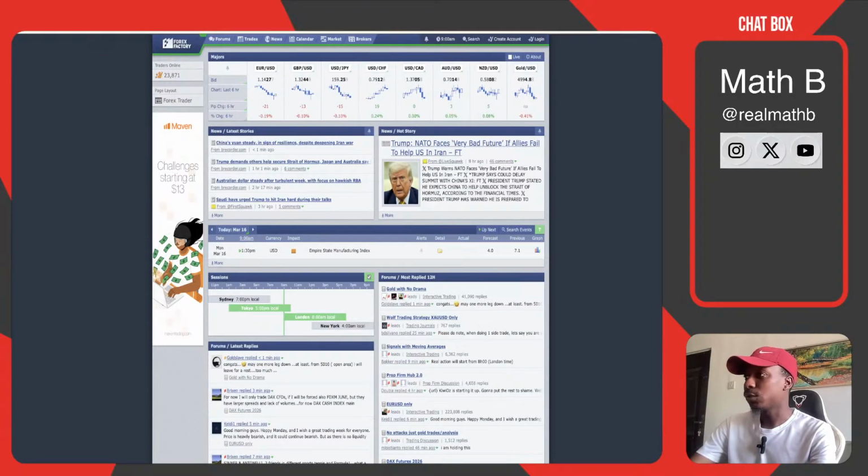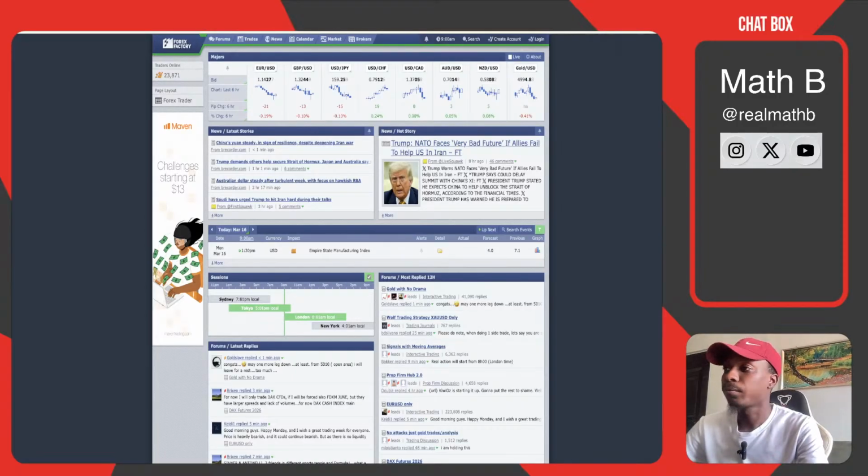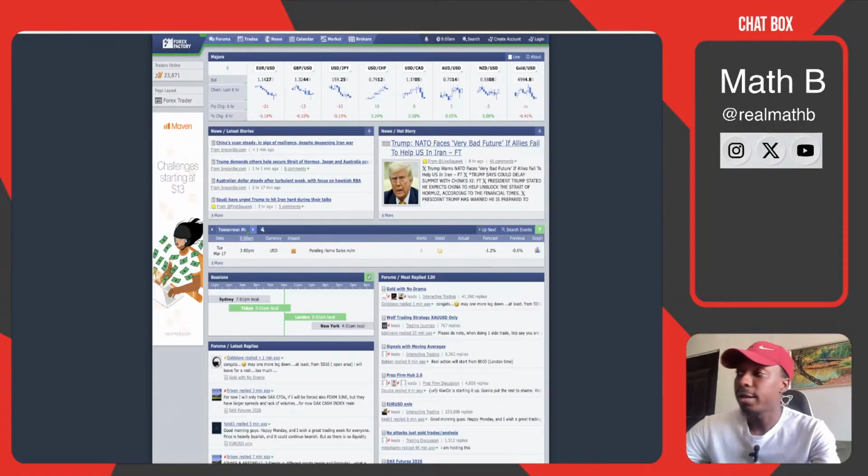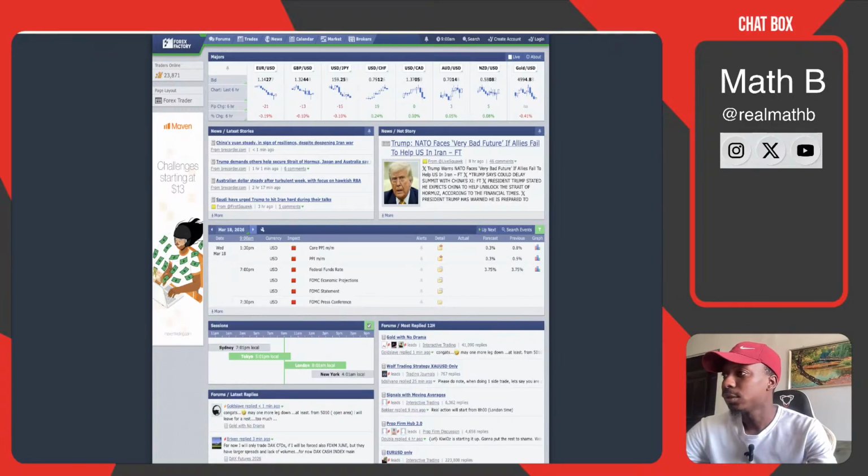On forexfactory.com, I use forexfactory.com for all the news that I actually check. So I can see now that there is currently no news today. There is just a medium impact news. Tomorrow there is also no high impact news. Wednesday is huge, guys.